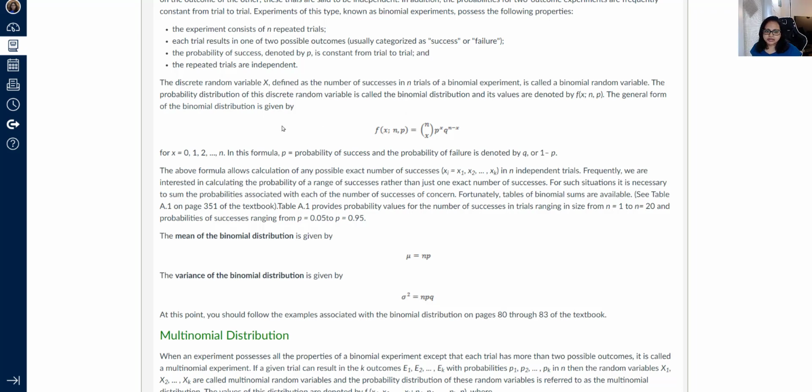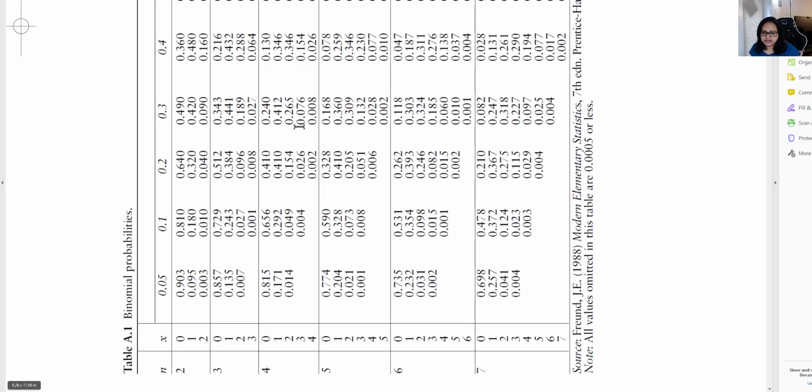If you go to the table in the appendix of the textbook, or you can use any online probability calculator for the table, if you look at table 8.1, or maybe you have a different number in your textbook, you can use other tables as well. You can see how many trials we have. In the example I showed you, we toss the coin three times, and in each case the probability of getting a success was 0.5, so you can see that we are actually in here.